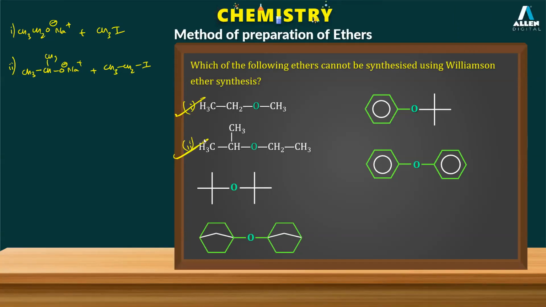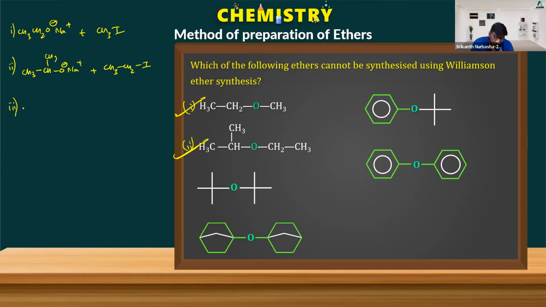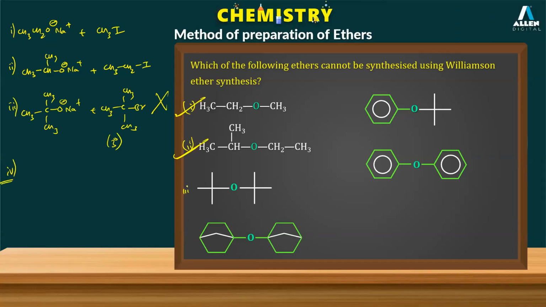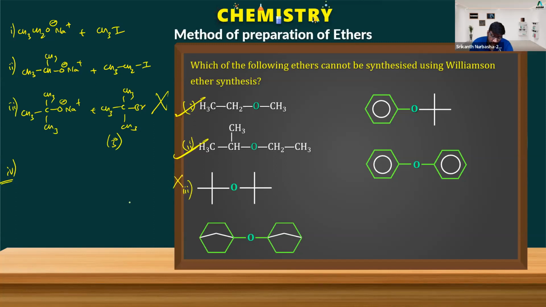No. If I want to prepare the third one, I have to take (CH3)3CO minus Na plus and (CH3)3CBr. This is not possible because it is a tertiary alkyl halide. Fourth one? No, you cannot prepare the fourth one because you have a bicyclic system. Bredt's rule is violated.